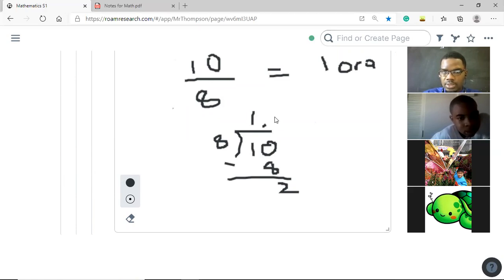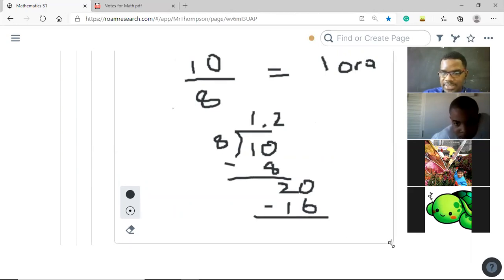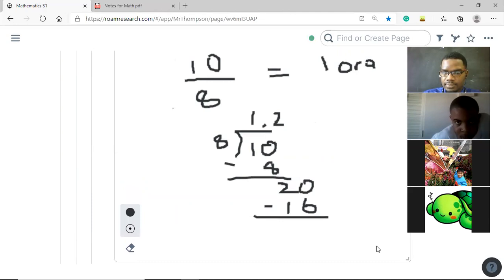We're going to say 20. 8 into 20 goes how many times? 2. 8 times 2 is 16. Subtract them. 20 minus 16 gives you 4.